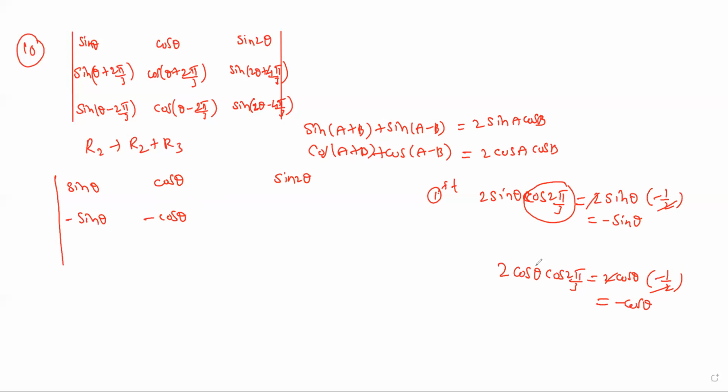Sine of A plus B plus sine of A minus B, what is the formula? 2 sine, where the angle is 2 theta, into cos 4 pi by 3. Now cos 4 pi by 3 is 240 degrees, which is in the third quadrant. There also it is minus 1 by 2 only. So we get minus sine 2 theta.